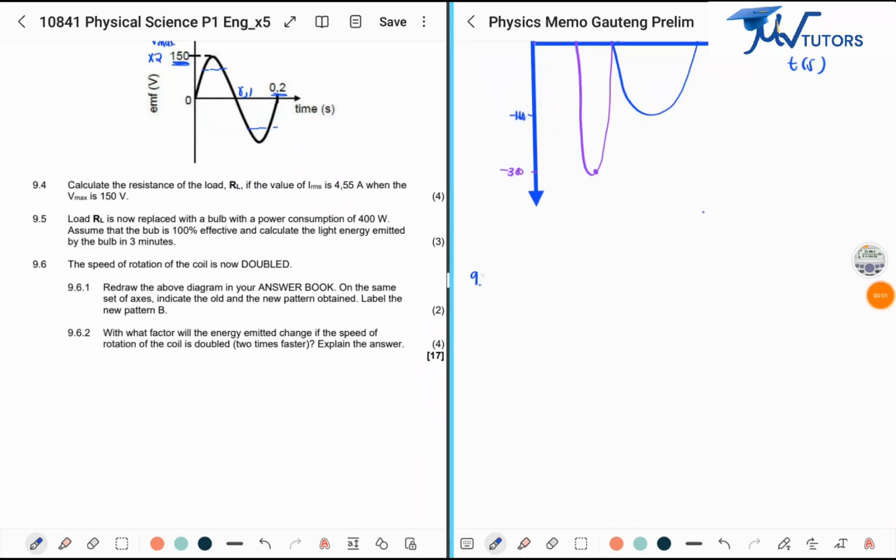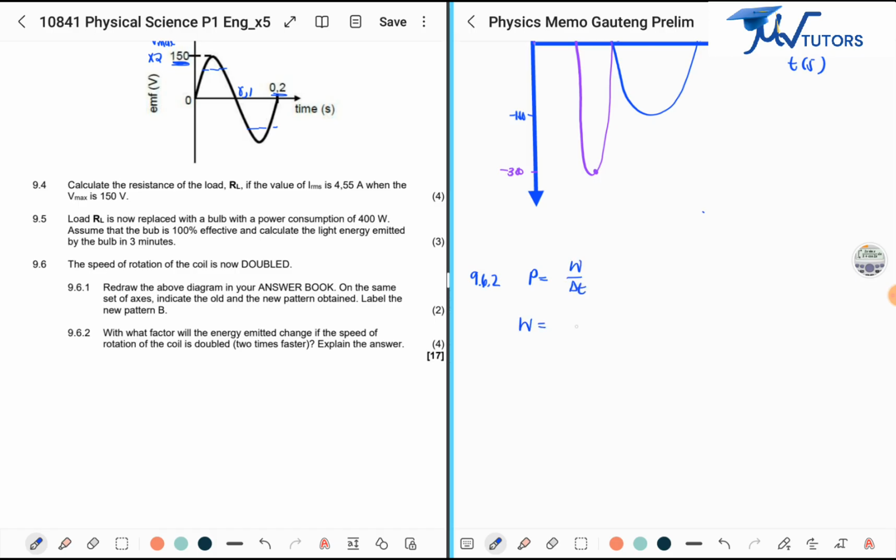And finally, 9.6.2. With what factor will the energy emitted change if the speed of rotation of the coil is doubled? Like we said, power is the rate at which work is done.